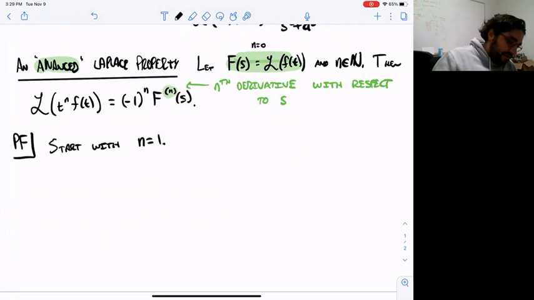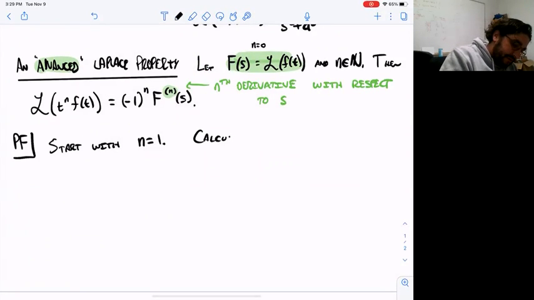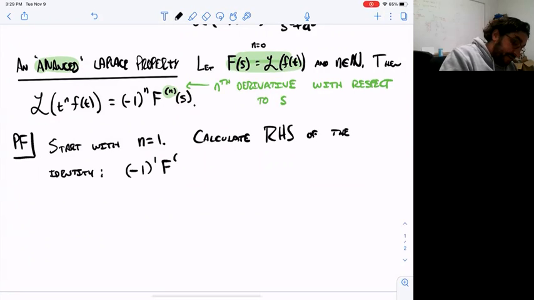So here's what I want to do. I'm going to calculate the right-hand side of this identity, and what does that look like? It looks like -1 to the 1, and then the first derivative of capital F with respect to s.